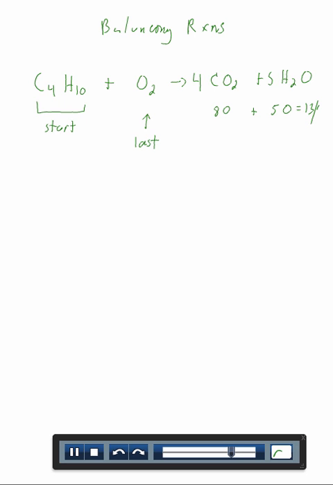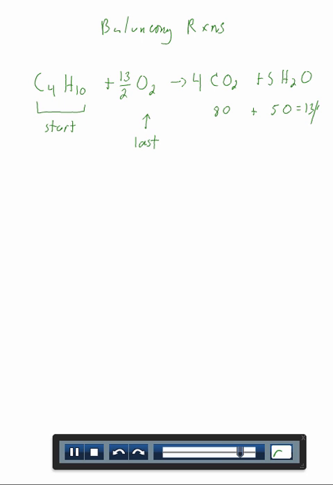So that means we need 13 oxygen atoms on the left side of the equation, but our oxygens come in the form of O2 molecules. And so if we use the fraction 13 halves, that will give us 13 oxygen atoms. So 13 times 2 is 26, divided by 2 is 13.